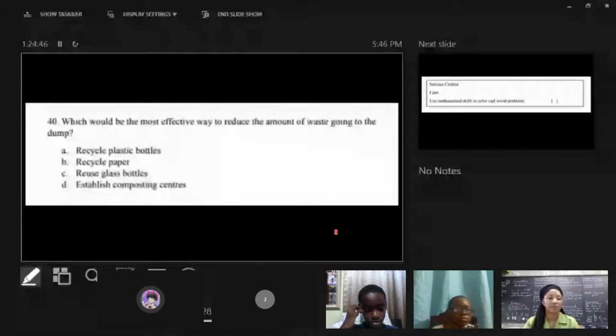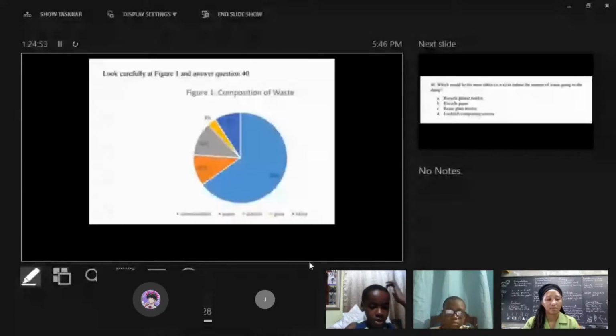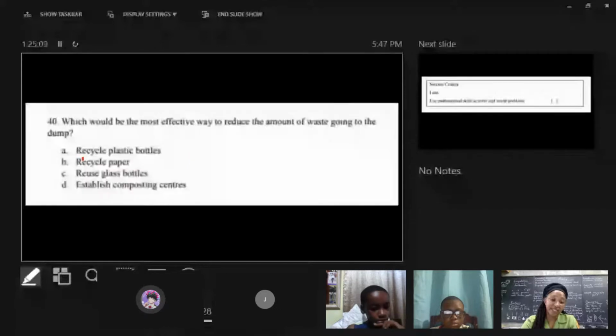Because if you establish composting centers, that means people, instead of throwing their trash in the dump, can just go to the established center, and you know what they say: recycle and reuse. Correct. And it is compostable, so yes, Miss, get rid of that. So that is correct.